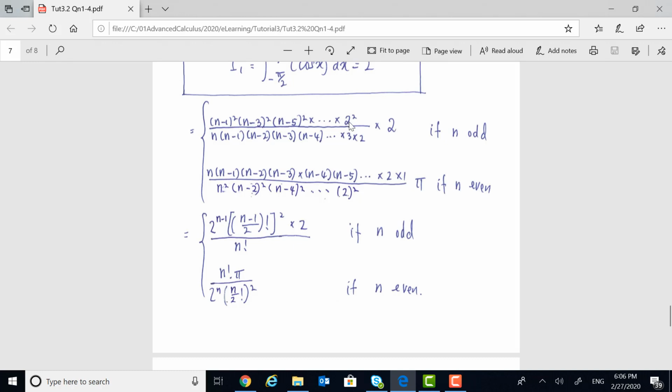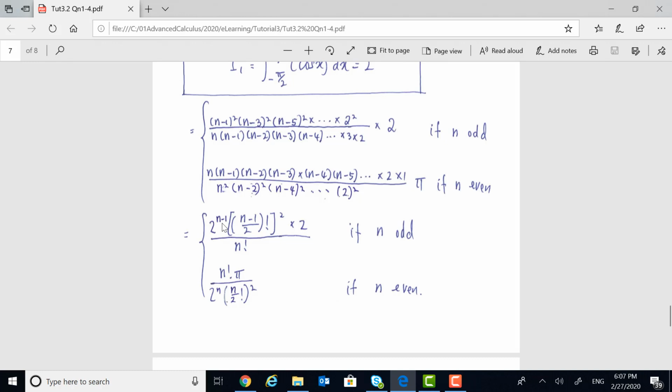I'm taking out 2 squared, and then also for this one, this is an even number. I can also take out 2 squared from here, and from here, and from here, and then of course 2 squared from here, and then I'll be left with 2 to the power of n minus 1.